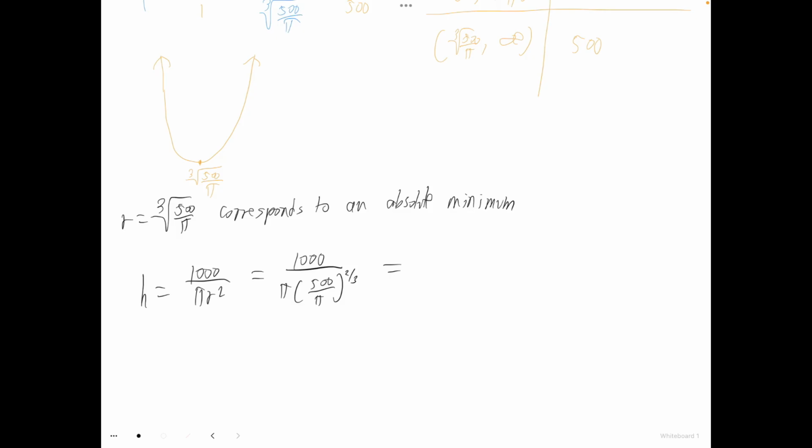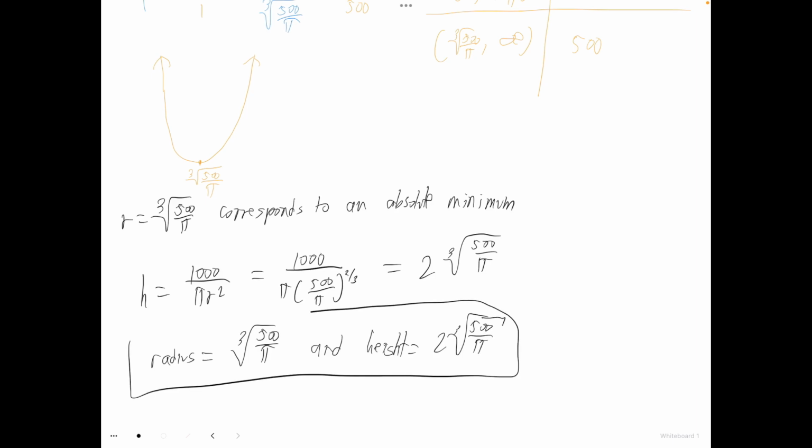And this equals, if you simplify it, 2 times the cube root of 500 over pi, which is 2 times the radius. And so the dimensions are going to be a radius of the cube root of 500 over pi and a height of 2 times the cube root of 500 over pi. And so those are the dimensions for our can of oil that will minimize the cost of making it.